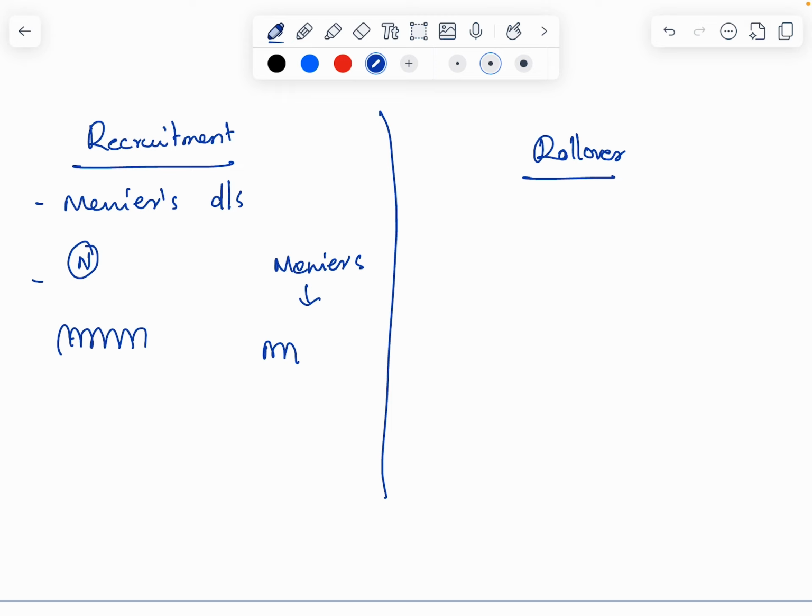Next is the rollover phenomenon. It is classically seen in acoustic neuroma, which is a retrocochlear pathology, as I explained previously. What happens here is the more you increase the sound, the lesser the sound perceived. I'll explain it again.